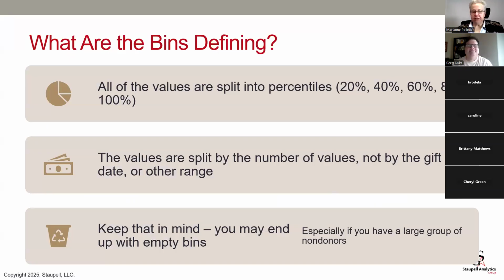So what are these bins defining? Well, they're split by the number of values, as I explained. And so when it comes down to it, for some clients, and even for some of the work that I've done for myself, I've ended up with empty bins. I've ended up with only 3 bins when I've tried to define 5. There was a train museum that I talked to once at a conference. Well, a train museum, it's a membership program.